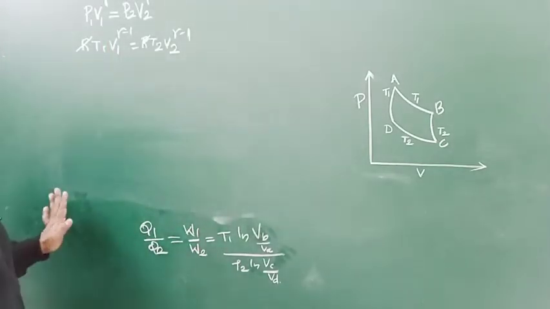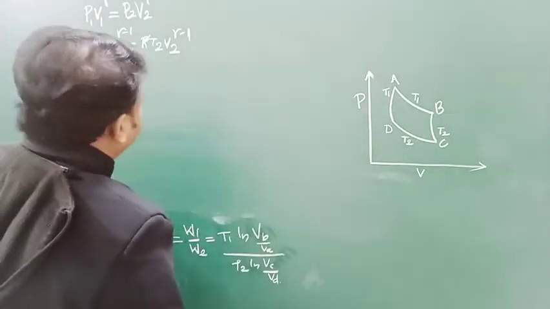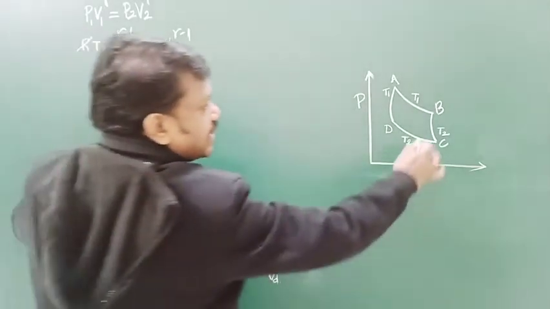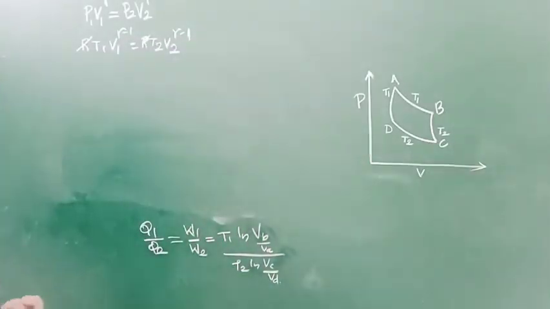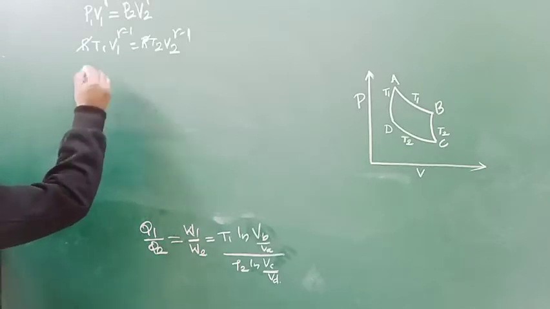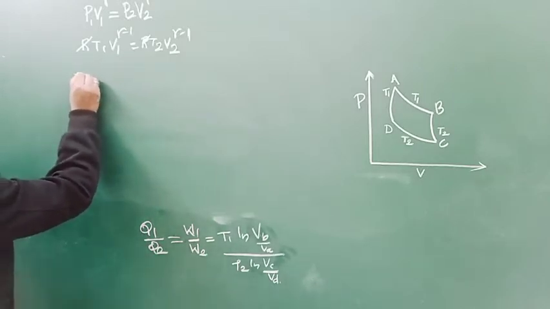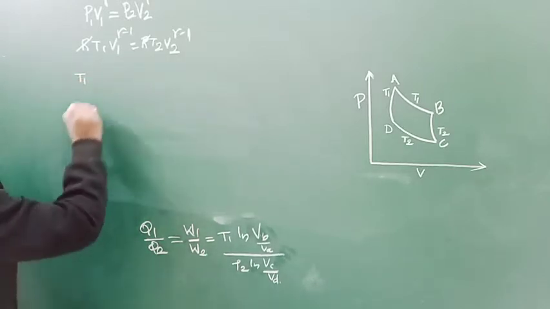Now you can consider these two adiabatics. In the adiabatic expansion, VB and VC are on the same adiabatic.